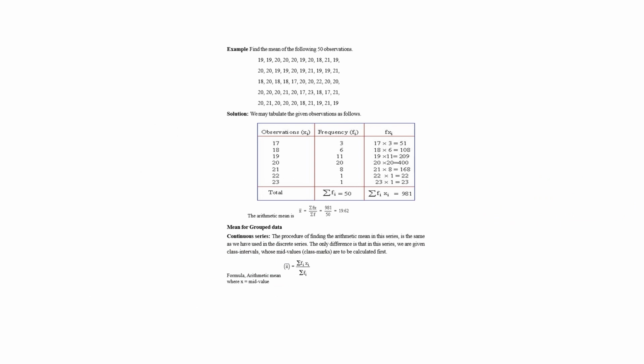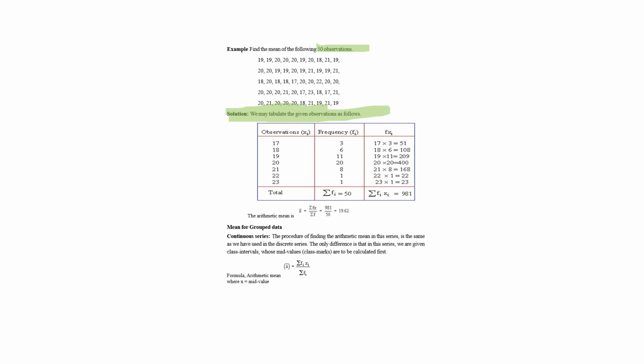Next, find the mean of the following 50 observations. If there are 50 observations, we need to tabulate the given observations as follows.